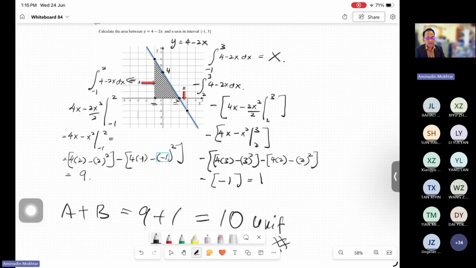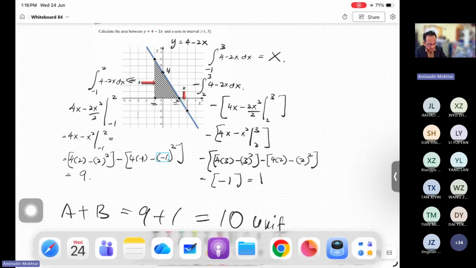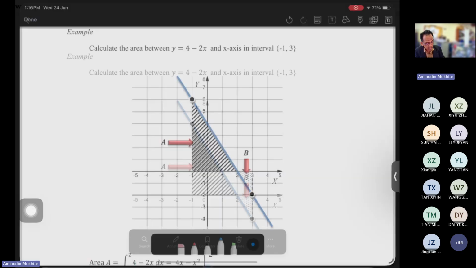For topic 6, differentiation is more on the slope, the slope of the tangent line. That's the difference between topic 6 and topic 7, integration and differentiation.